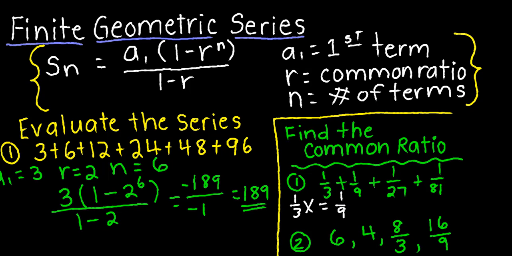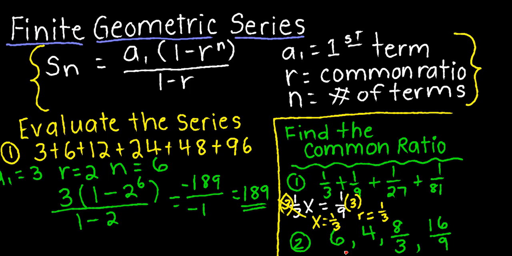I'd multiply both sides by 3, and those two would cancel each other out. So I'd have 1x equals 3 over 9, or x equals 1/3. And that would be my common ratio. I would say r equals 1/3.